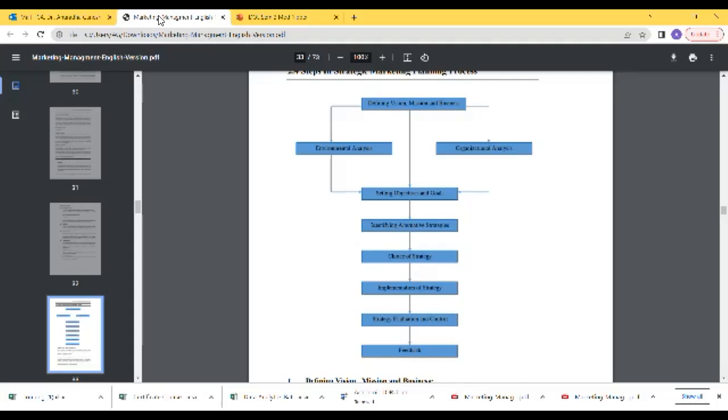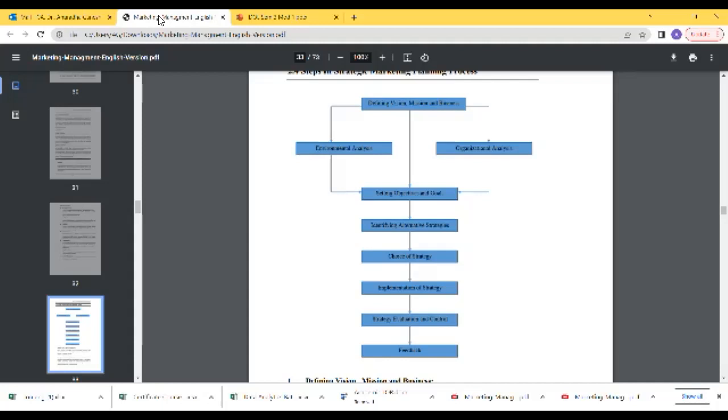The various alternatives are: profits can be increased by reducing the cost. So the marketing manager can propose to reduce administrative cost and other costs involved, probably even the packaging cost, so that the product cost can be reduced.